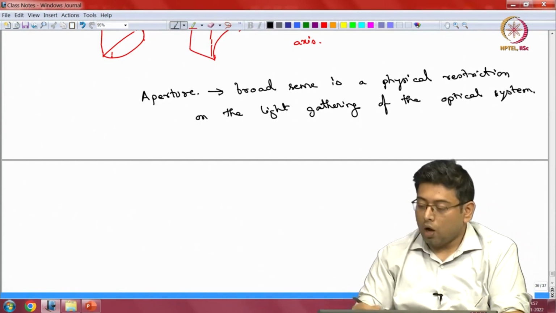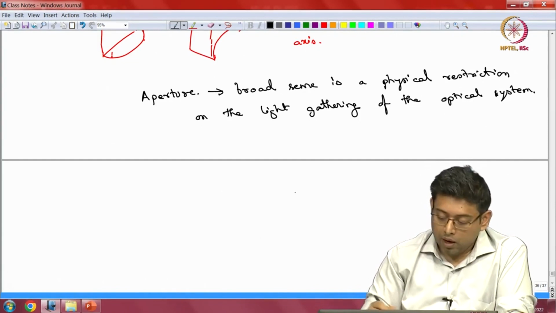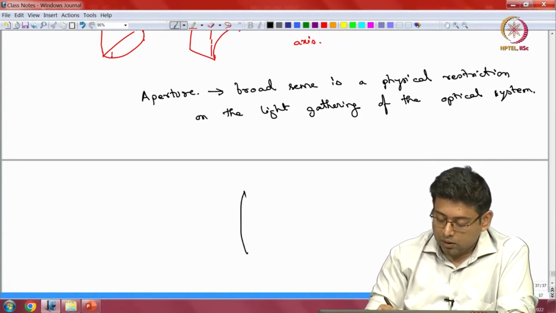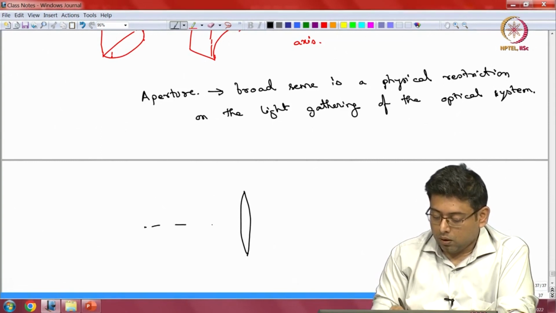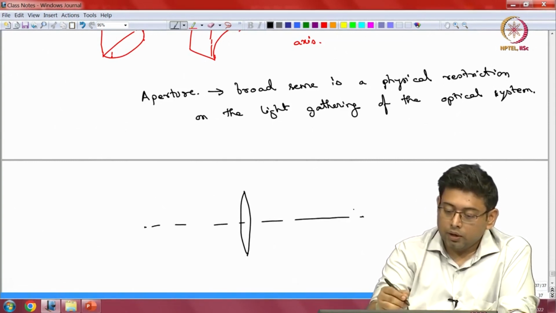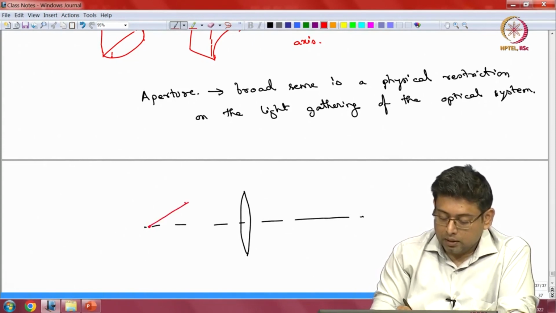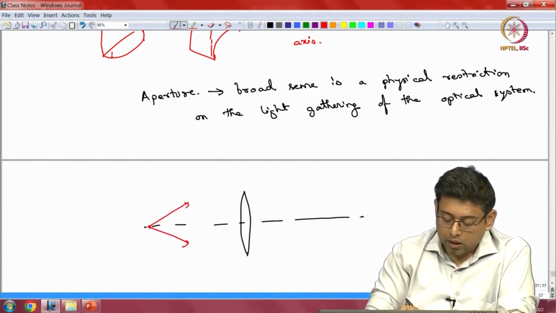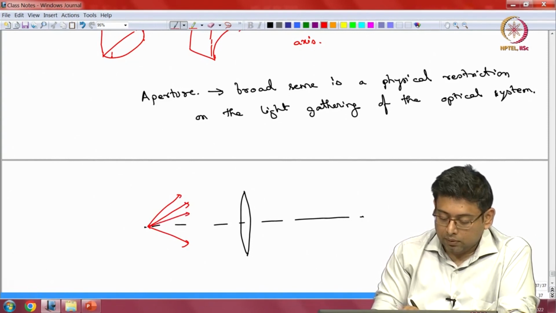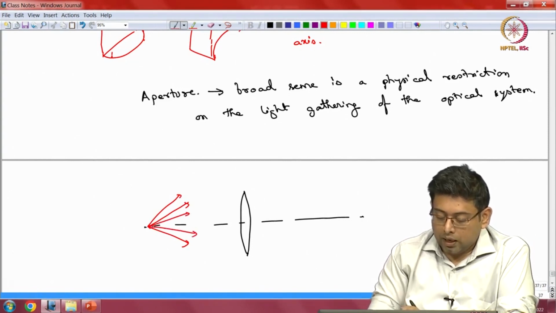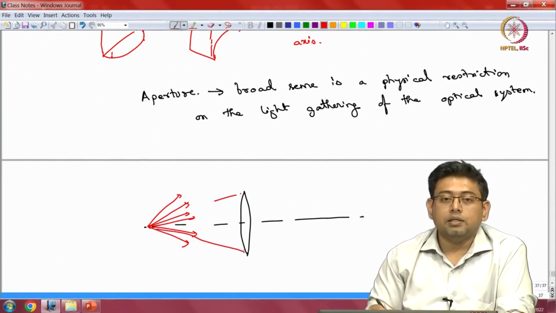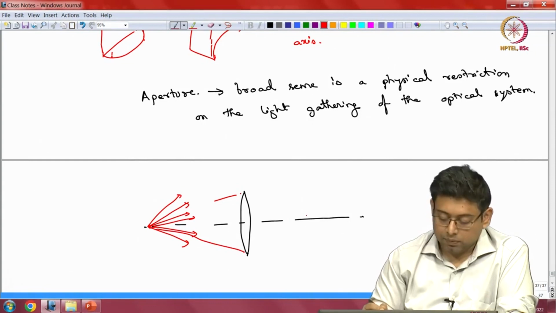Okay. So, how do you make one? For example, if you have a lens, let us say, and you have an object here that is sending out light rays in every possible direction, then in the regular case this light would be intercepted by this lens and then it is going to form an image.